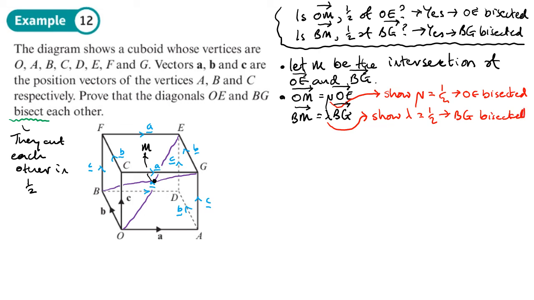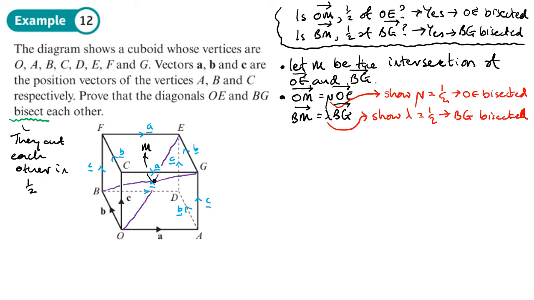So the rest of the question now is actually trying to prove that. The rest now is just writing two equations which we're going to solve simultaneously to find mu and lambda.